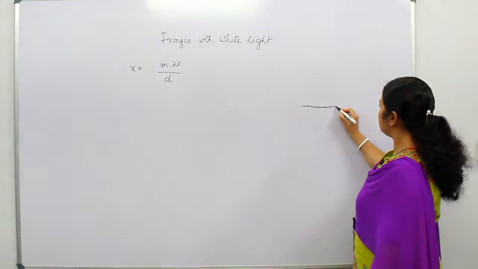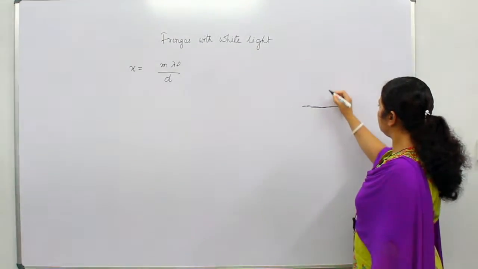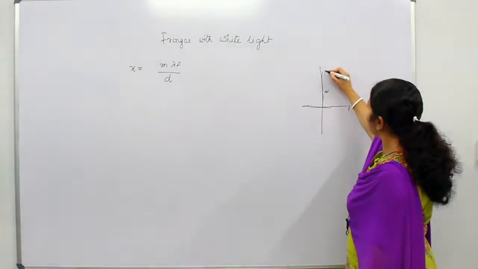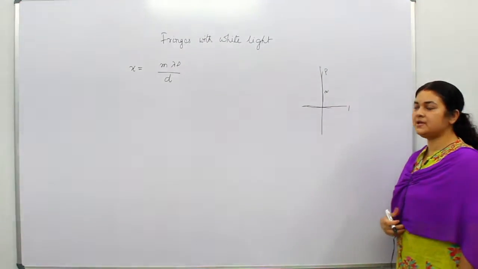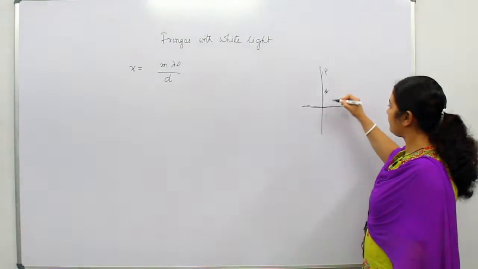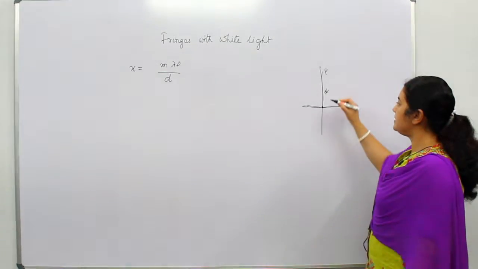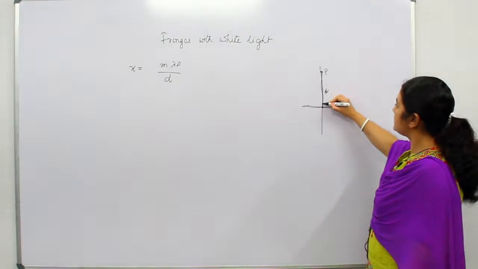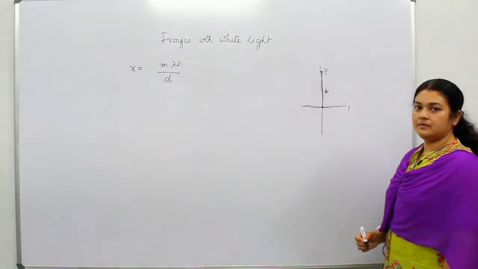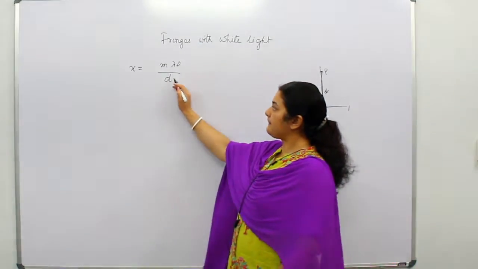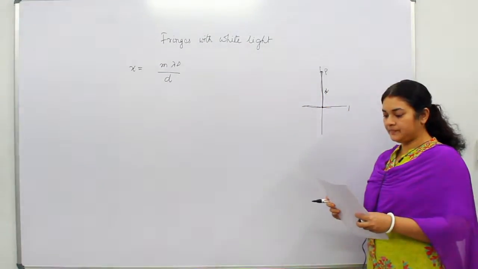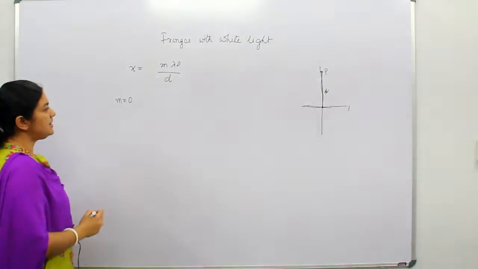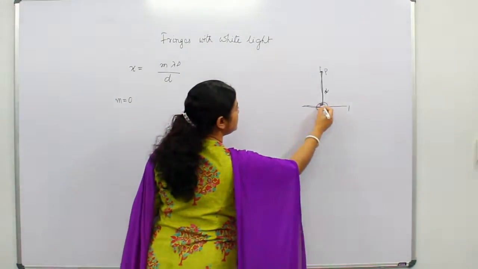Suppose this is the center region, this distance is x, as we have shown in the previous diagrams. This is the center bright band and x is this distance. Suppose P is the bright point, then we get its position as this. Now if m equal to 0, we will get the central bright band, that is this position.